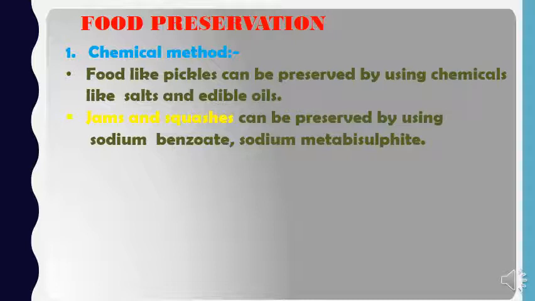Jams and squashes can be preserved by using sodium benzoate and sodium metabisulfate. Now students, these are the two chemicals which are widely used.